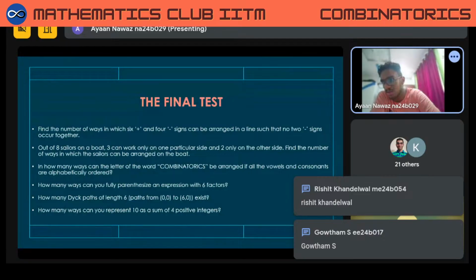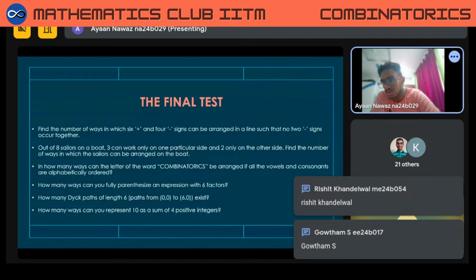First we take the plus signs and create gaps between them. 6 plus signs give 7 gaps. The minus signs are going to fill these 7 gaps only. We have 4 minus signs, so we choose any 4 of these 7 gaps and fill them. That can be done in 7C4 ways. After putting the 4 minus signs, we remove the gaps and the plus signs occur together. So the total answer is 7C4.